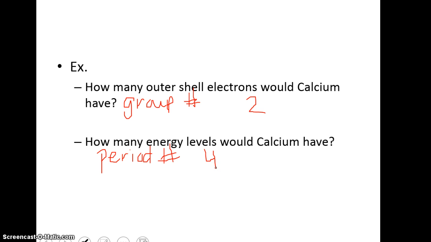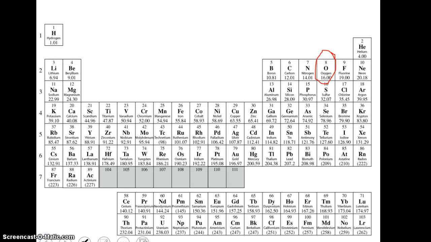To see that with another element, you can do that with oxygen as well. So there was our oxygen. I'm going to add the group numbers down below so we can see it. If you look at your diagram, if you want to know how many outer shell electrons it has, you look at the group number. The group number is 6.